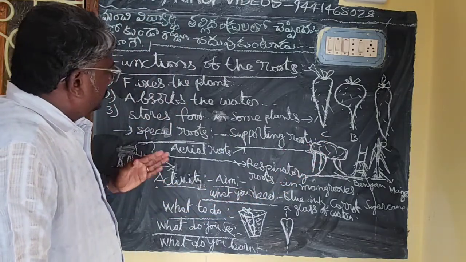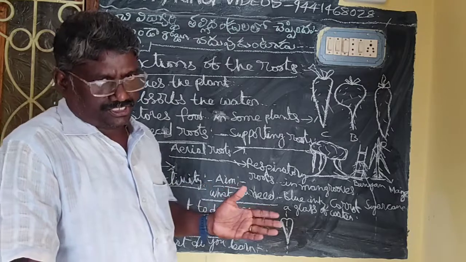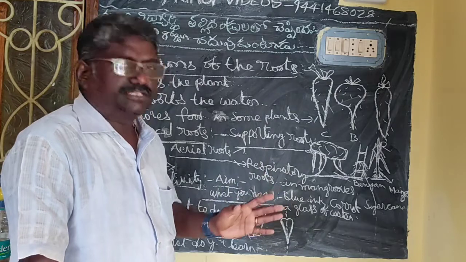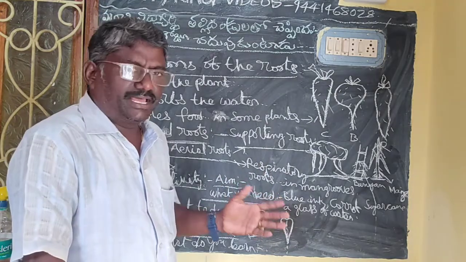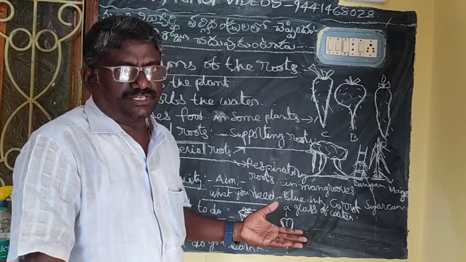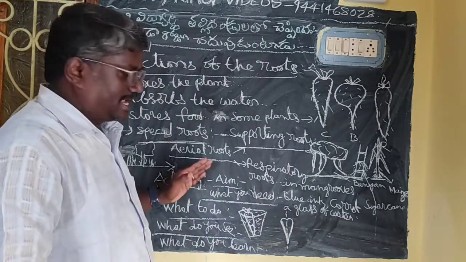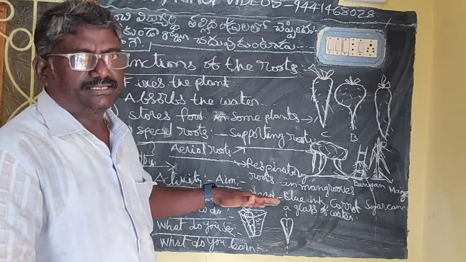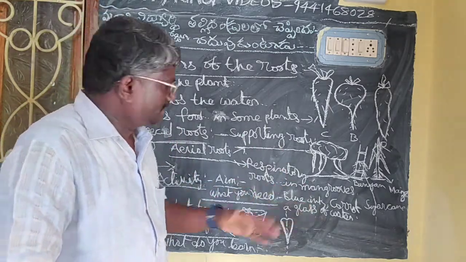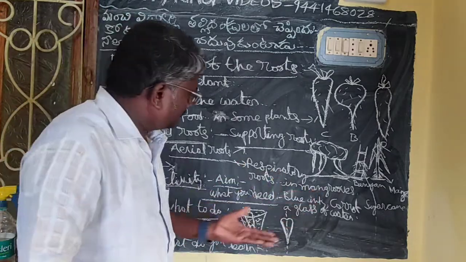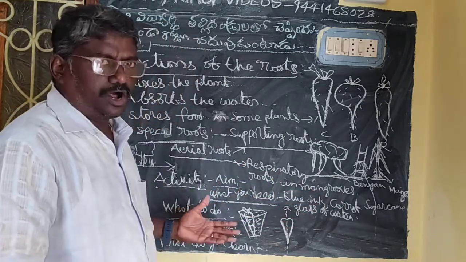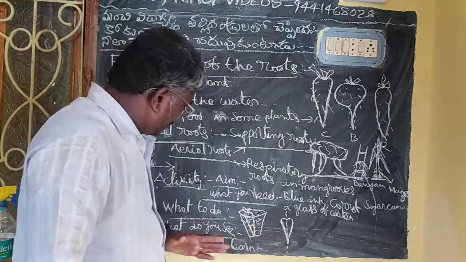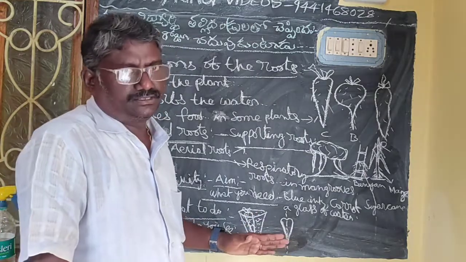So there is an activity about the root. The root absorbs the water from the soil. We may learn from this activity. The steps: the aim, what you need, that means apparatus, the material and substances, what to do, how to do, what do you see, the observations, and what do you learn, the conclusion.